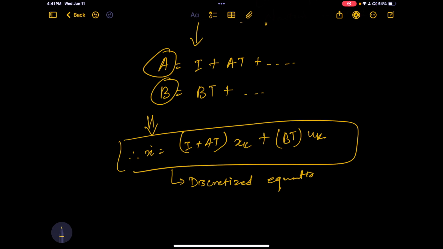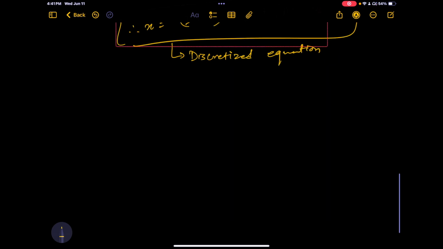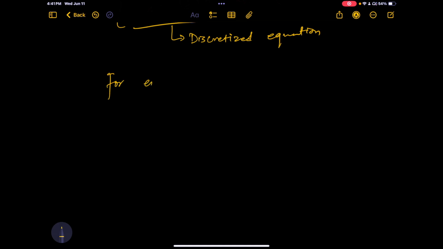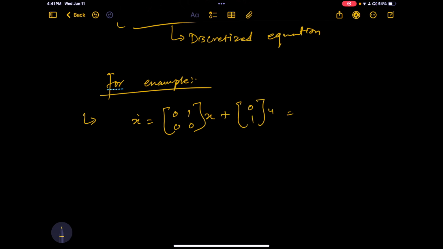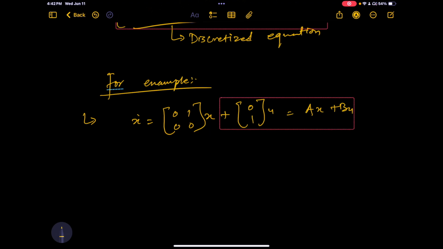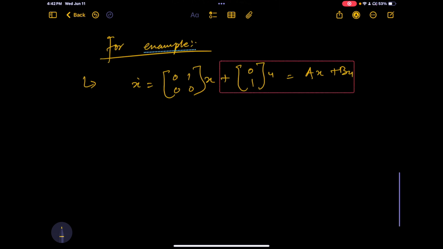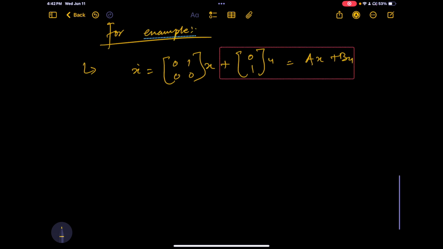Let me give you one example. Suppose we have x dot equal to [0 1; 0 0] x plus [0; 1] u, which is equal to Ax plus Bu, right? Now if we want to discretize this one, our method is A equal to I plus AT, right?